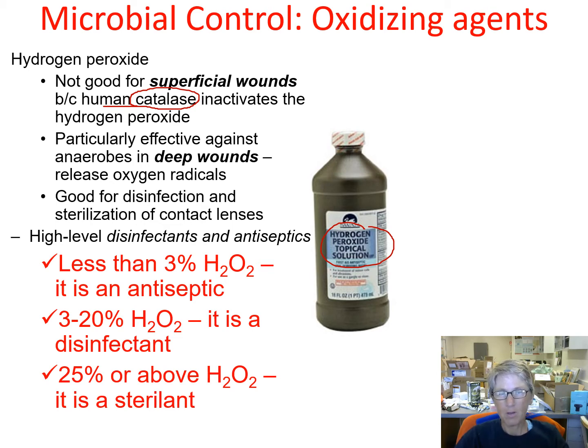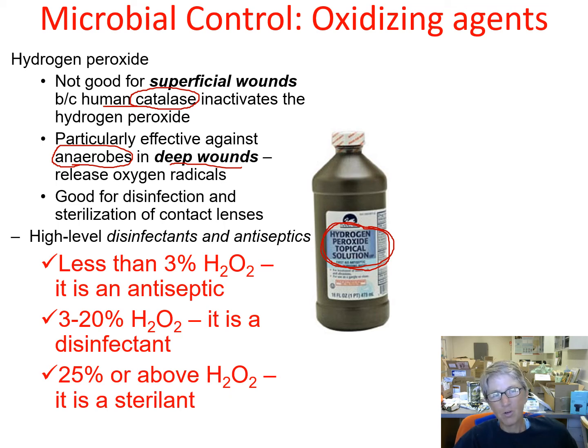But if you have a deep wound where the anaerobic microbes live, they don't like oxygen, they don't like hydrogen peroxide, because they don't have an enzyme, they don't have catalase to detoxify the hydrogen peroxide.